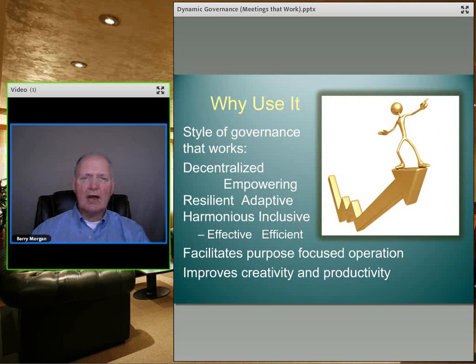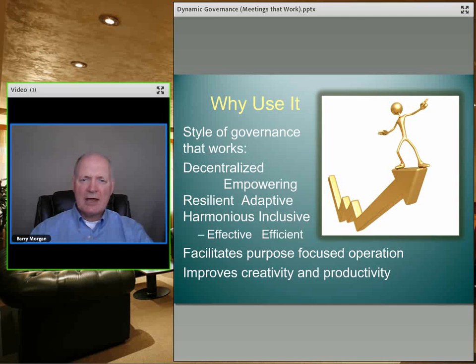The style of governance that we're discussing and studying over the next 10 weeks works. It's proven to be decentralized, empowering, resilient and adaptive. In today's business world and even in organizations such as nonprofits, which are struggling for very limited resources, it's necessary that these organizations become resilient and also adaptive so that they can respond appropriately to changes in the marketplace.